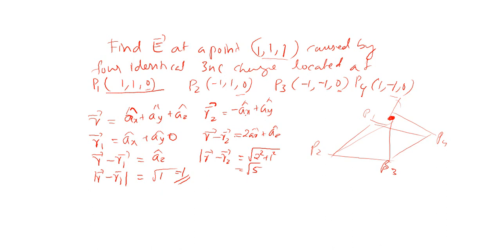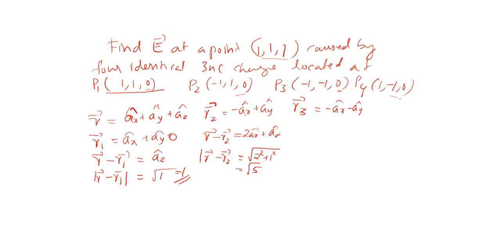Similarly, we have to find the third one. What is the third one? I'll erase this diagram. The third one is r3. Vector r3 is minus ax cap minus ay cap.